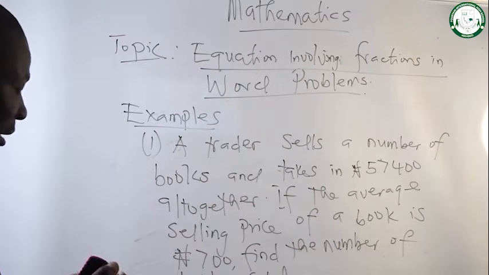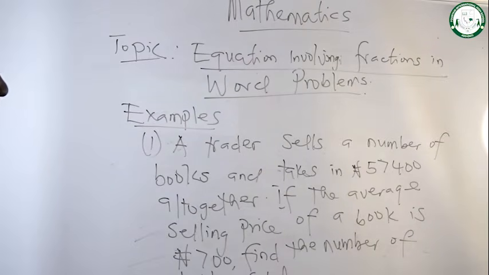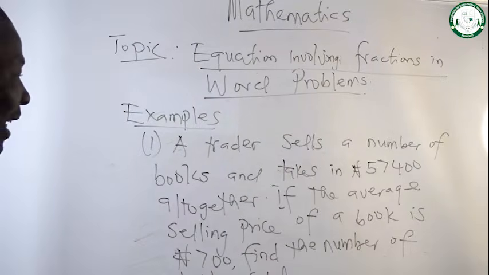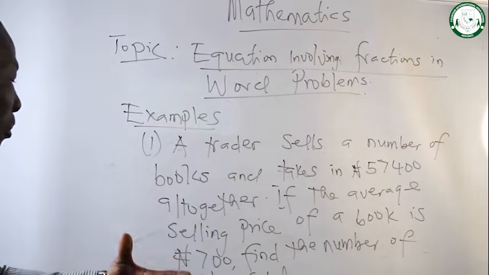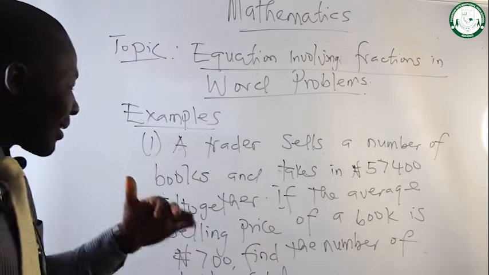Let's look at the question very well before we solve it. A trader sells a number of books and takes in 57,400 naira altogether. If the average selling price of a book is 700 naira, find the number of books sold.